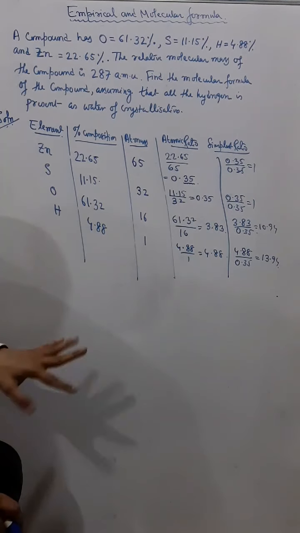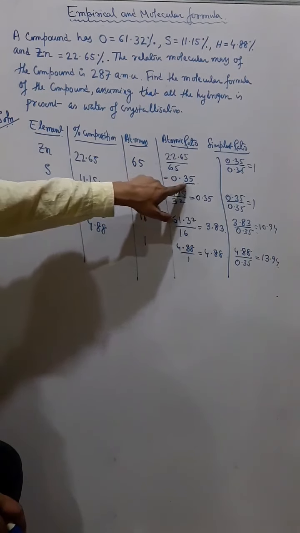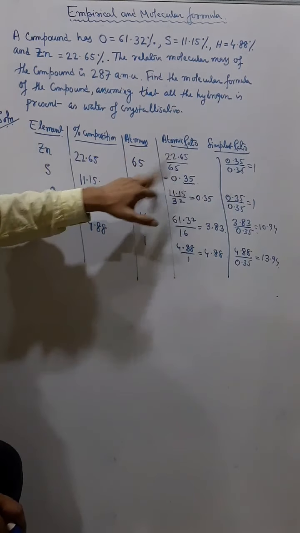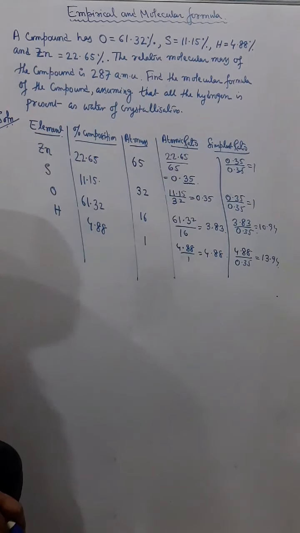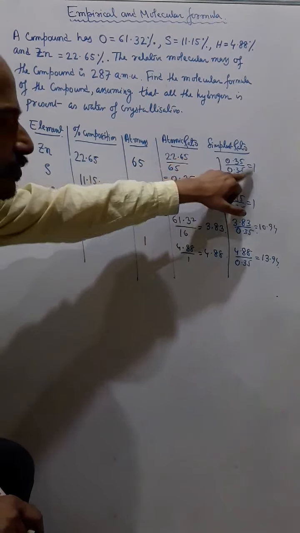After that, out of these 4 values, which one is the least value? The least value is 0.35. Now we have to divide every value by the least value, 0.35. The first one will be 0.35 by 0.35, 1.